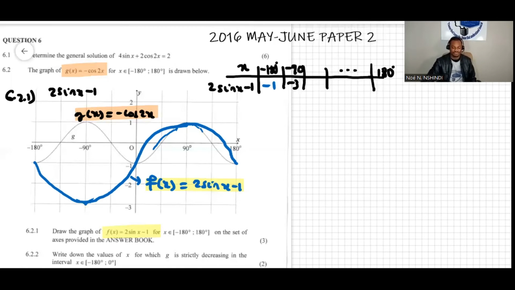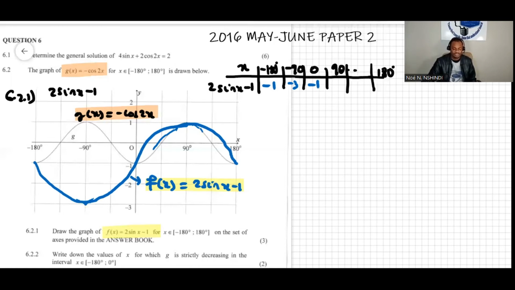Then you do the same if x was equal to 0, and you get -1 there.